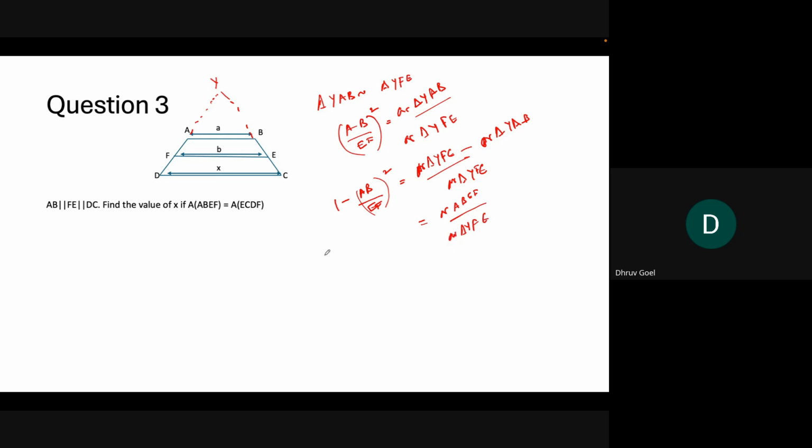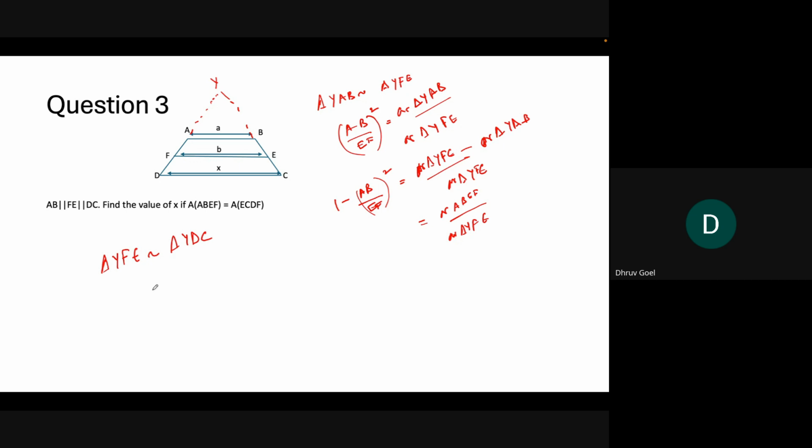Now, another thing I'll do: similarly, triangle YFE will be similar to triangle YDC.